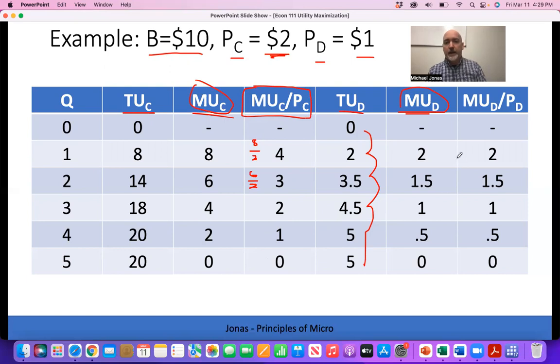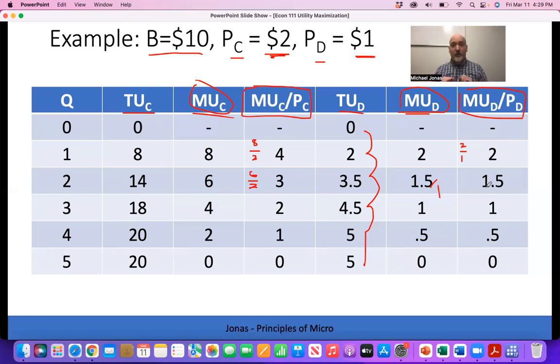Right? And then our relevant column in the competing good, our donuts, we will construct exactly the same way. We will take our marginal utility and divide by the price, very conveniently in this example, set to 1. So it's just 2 over 1 gives us 2 units of utility per dollar spent, so on and so forth. So we just divide all these by 1 and just repeat the numbers over here.